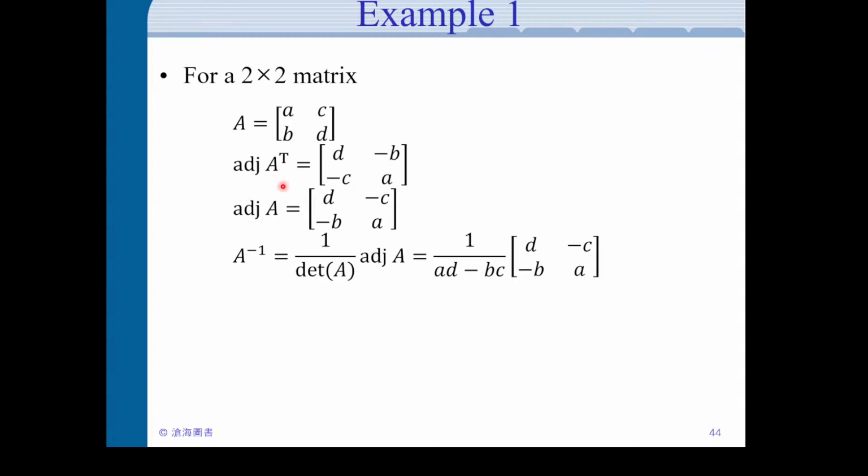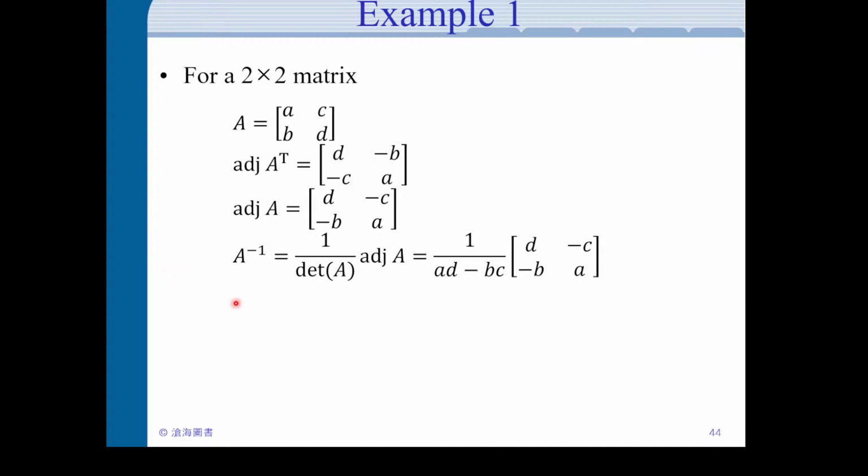Then to take the actual adjoint matrix, you need to do a transpose, then it's D, minus B, minus C, A. And finally, A minus 1 you need to divide by the determinant, so it's 1 over AD minus BC, times D, minus B, minus C, A. So we have the explicit formula here for A minus 1.